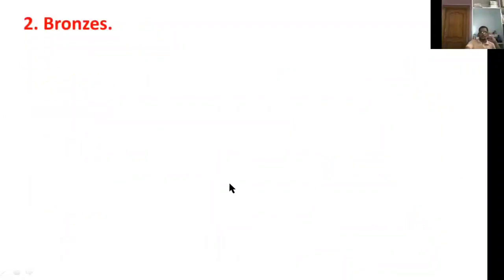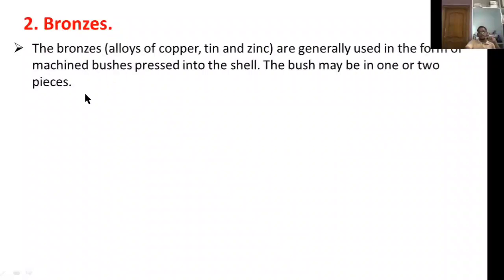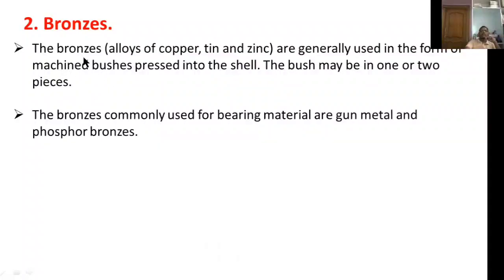Now coming to another metal, that is bronzes. Bronzes are generally used in the form of machined bushes, machined bushes pressed into the shell. The bush may be in one or two pieces.